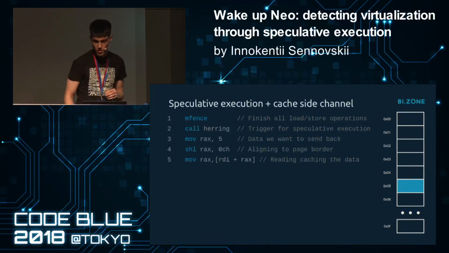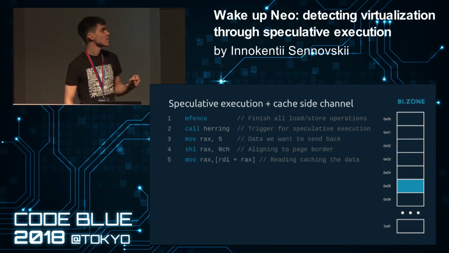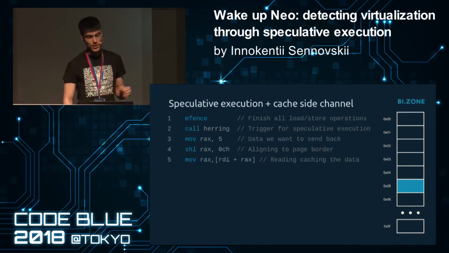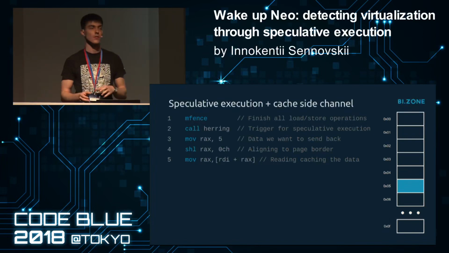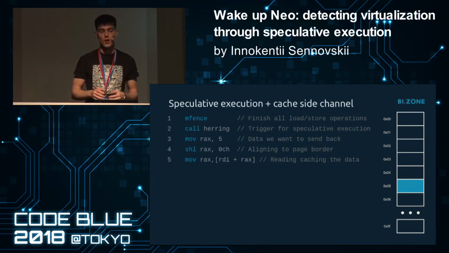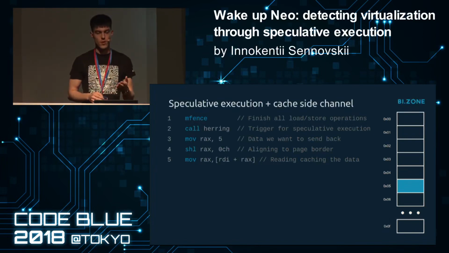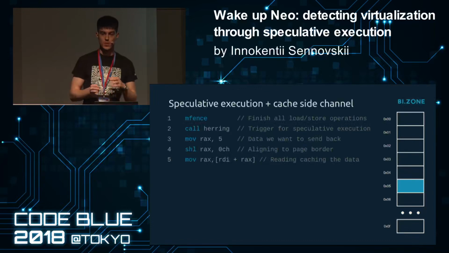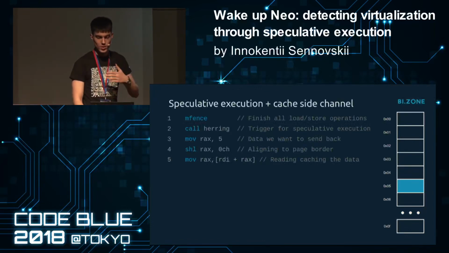So we can see on the right side that the fifth region actually lights up, because the access time to the fifth region after this function executes is much lower than for any other page in this particular region.